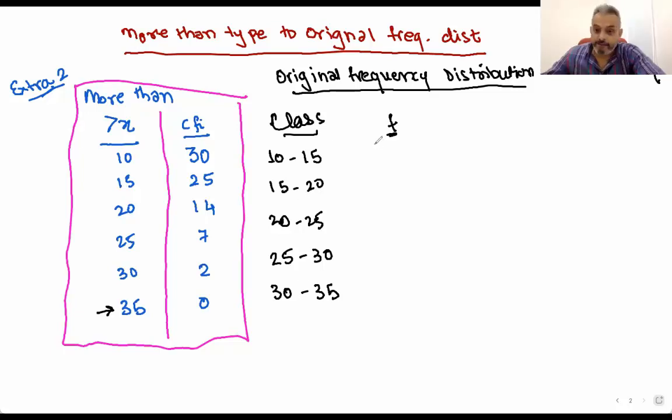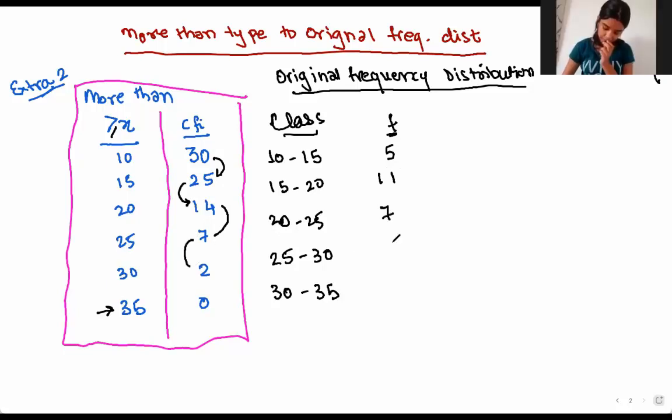How to make the frequency? Very simple. Again, highest minus lowest. Here you have to go down. More than 10 is 30, more than or equal to 15 is 25. So 10 to 15 is 30 minus 25, which is 5. 25 minus 14 is 11. 14 minus 7 is 7. 7 minus 2 is 5.